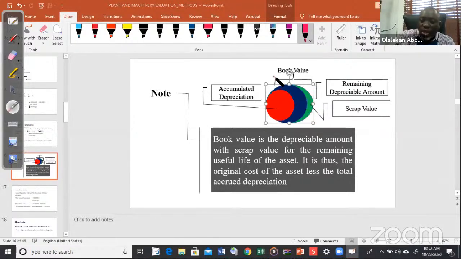Then everything in this bracket, all this blue together with the green, makes your book value. That's why you see what I put there. This is just to give you a representation of what we have been talking about.